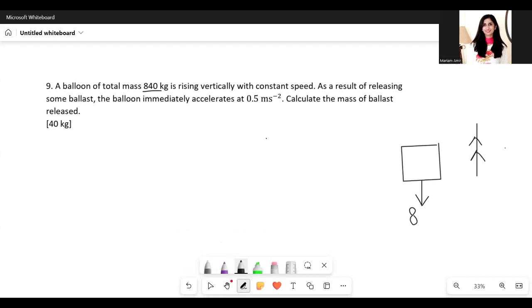So it's going to be 8,400 newtons. With a constant speed means acceleration is zero. So if acceleration is zero, there's going to be an upward force as well. So upward force is equal to downward force.